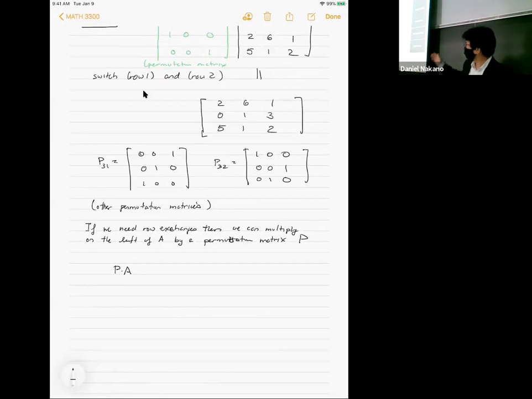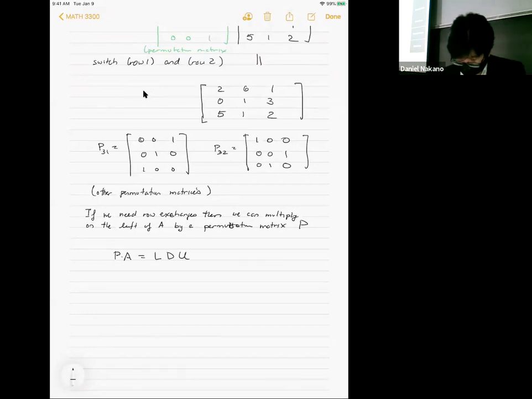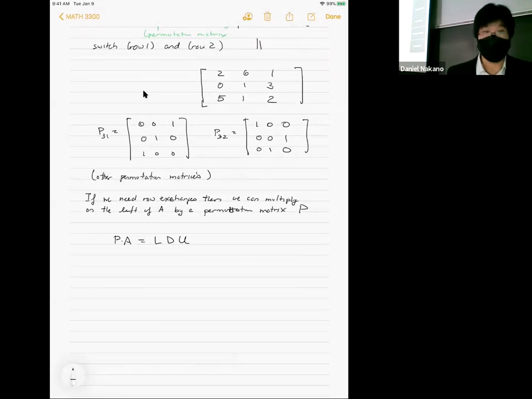So then, since we know P times A doesn't need any row exchanges, it has an LDU decomposition. So then P times A is equal to LDU. Okay, so that's the theorem: with row exchanges, we just pre-multiply by a permutation matrix, and that has an LDU decomposition. So again, L is lower triangular, D is diagonal, and U is upper triangular.